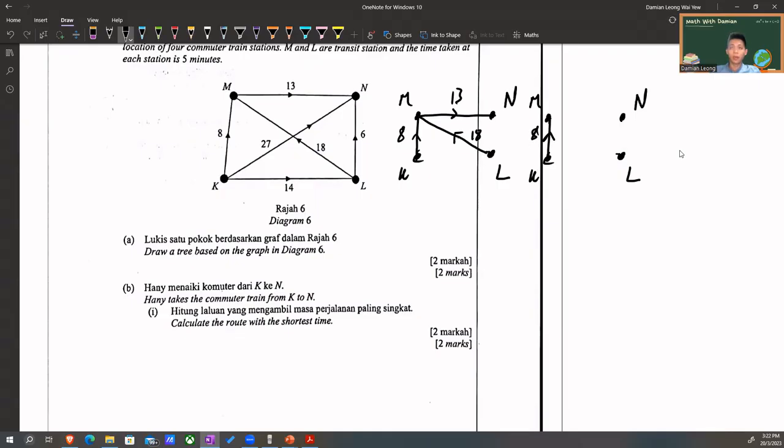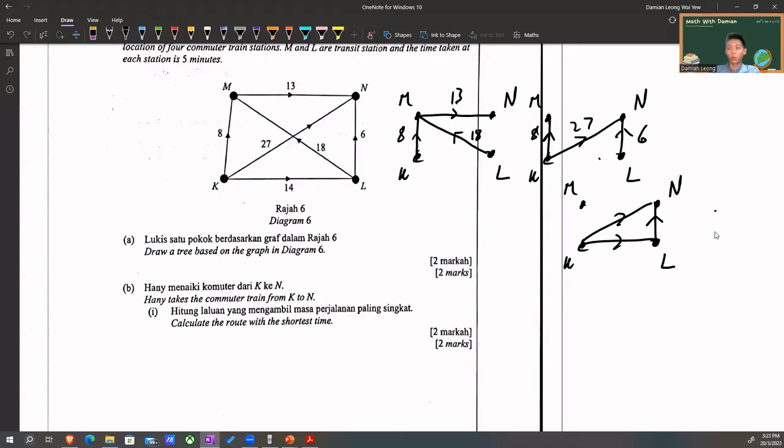But instead of connecting N through M, I can connect from K also. Then maybe I can go L to N. Yeah, you can even go this way, this, then you can't go like that.